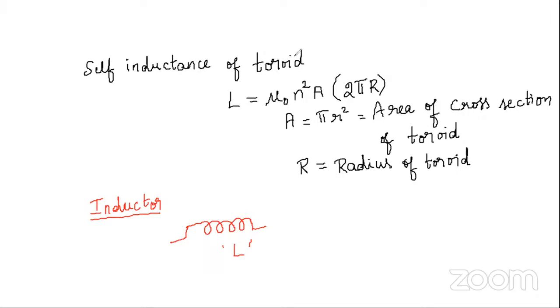So first case is you have an inductance coil like this, and the current through the inductor is now increasing. So you have point A and point B here.